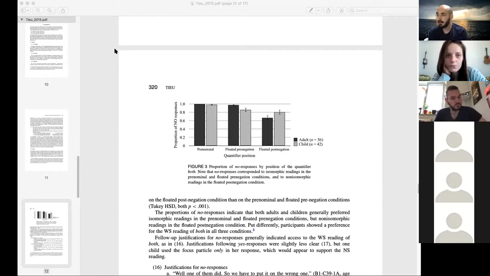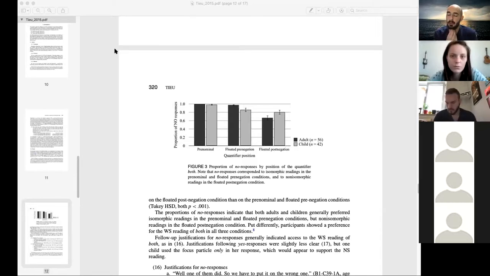In fact, for instance, in our experiment, we generally have about 48 children who see every condition. So you see the difference in statistical power is basically 3 times in favor of my experiment.